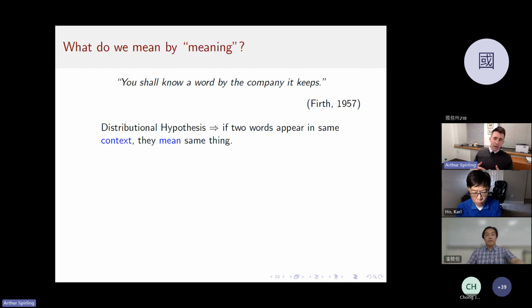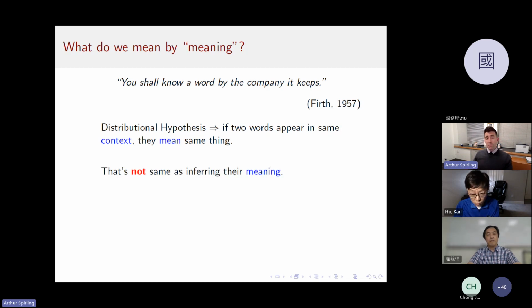This basic idea, maybe not unique to Firth, is sometimes taught as what we call the distributional hypothesis. It has various implications, but one of them is that if two words appear in the same context, and for our purposes, context is going to mean something very specific, namely a window around a word of interest, then if two words appear in the same context, they mean the same thing, and maybe the more similar those contexts, the more similar their meaning.